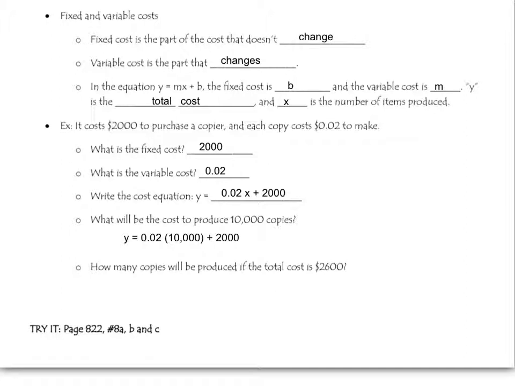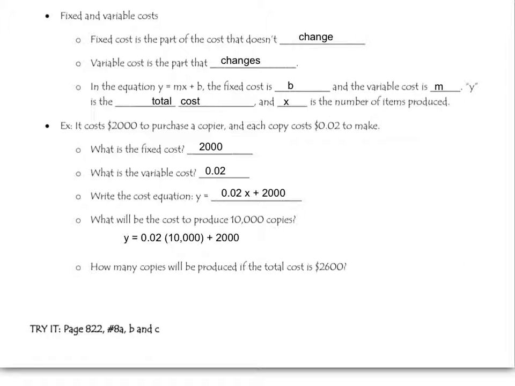So the fixed cost is $2,000, the variable cost is 2 cents, the cost equation is y equals 0.02x plus 2,000. So we use that cost equation to figure out the cost it will be to produce 10,000 copies. Y equals 0.02 times the number of copies plus the initial cost.